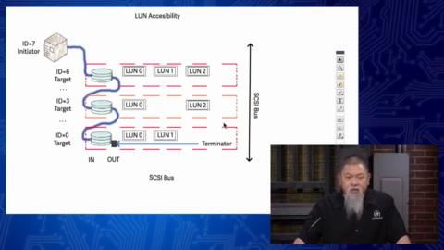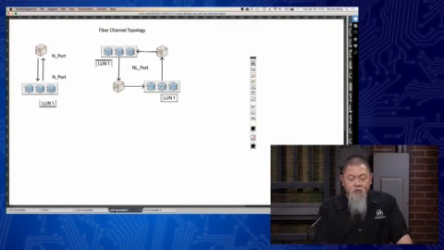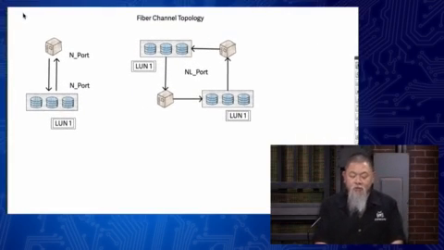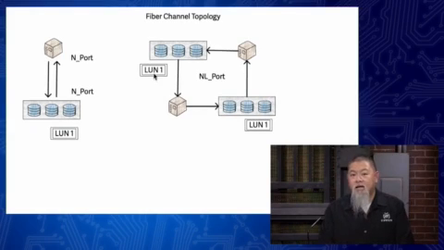So when we start talking about LUNs, it doesn't really matter a lot what the underlying technology is. It began with SCSI, but when you talk about LUN accessibility, you can create LUNs across Fibre Channel. Here I have just two Fibre Channel topologies, okay? So I can have LUN 1 be across these SAN devices if I wanted to.